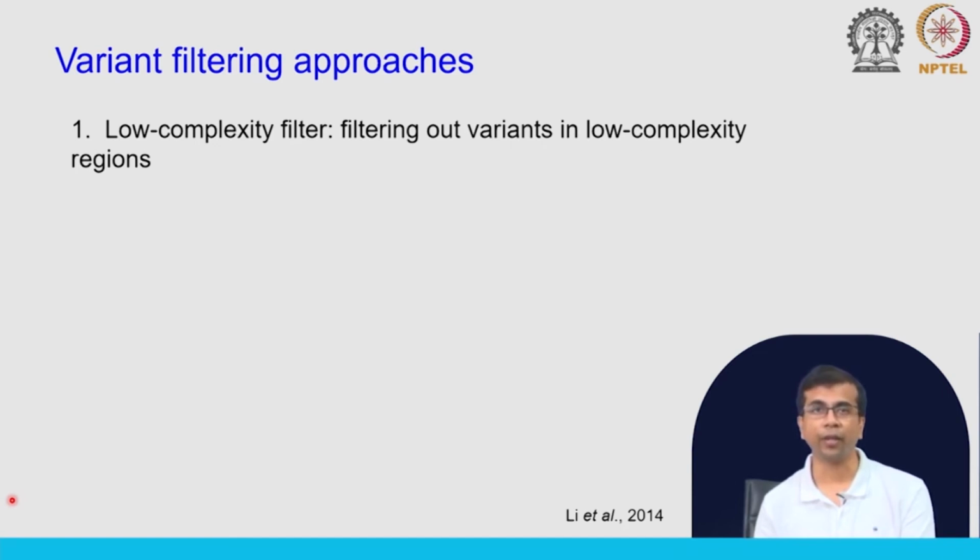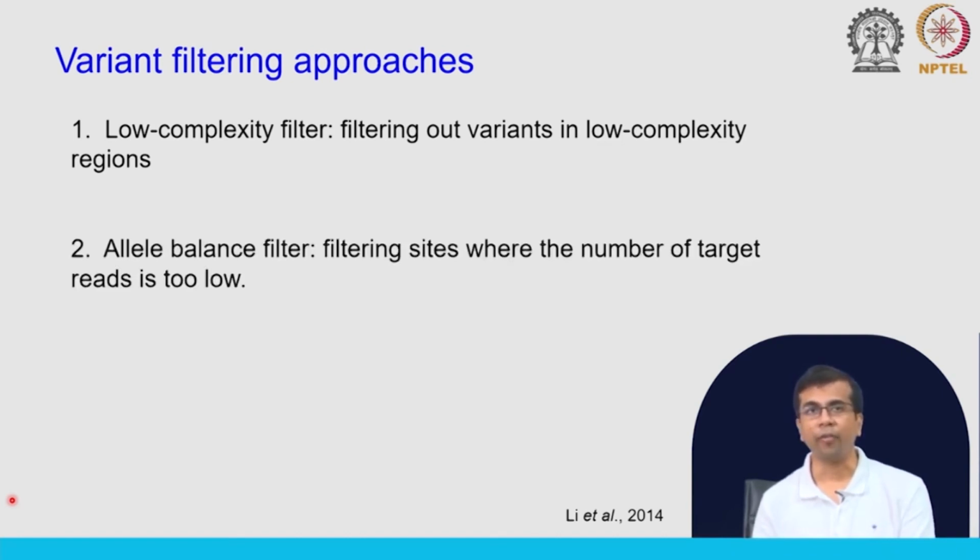So maybe it is sometimes better to just filter out variants in low complexity regions, and not even consider them. Something we discussed that you can probably relate to is the variants in homopolymeric stretches in the 454 data, and similarly the Ion Torrent data. We have a lot more error in those regions, and perhaps we need to be very careful, or maybe filter out variants in those regions altogether.